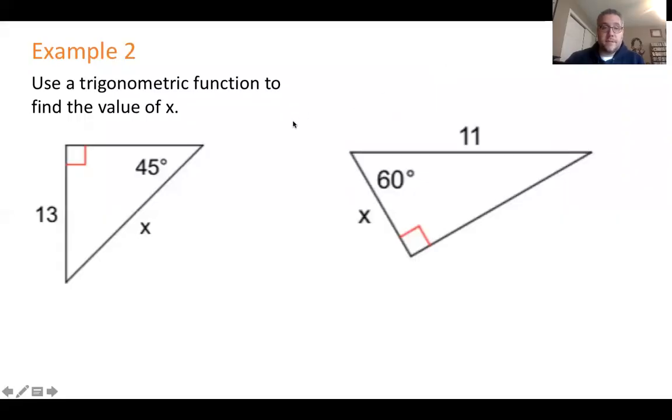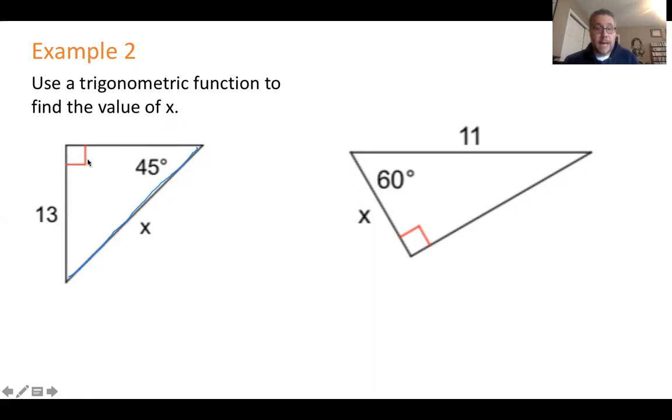Example 2 asks us to find the value of x using the trigonometric functions that we know. So we're trying to find the length of this hypotenuse. We're given a 45-degree angle, which is a big clue, and one of the legs is 13.